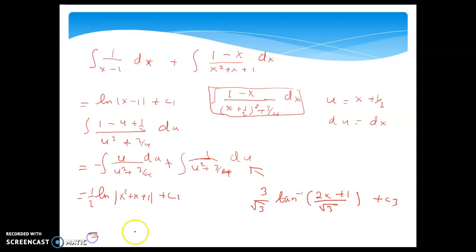So the overall should be equal to ln of x minus 1 minus 1/2 ln of x squared plus x plus 1 plus square root of 3 tangent inverse of 2x plus 1 over square root of 3 plus k.